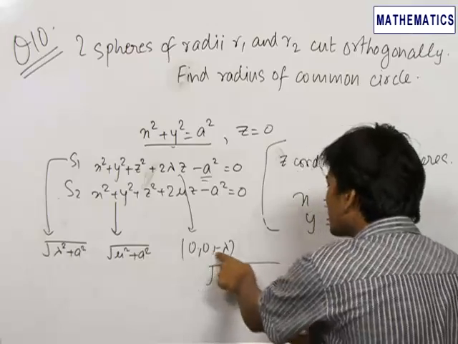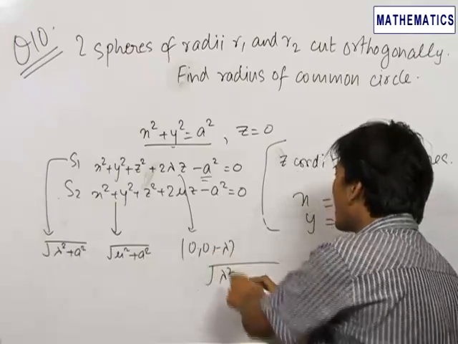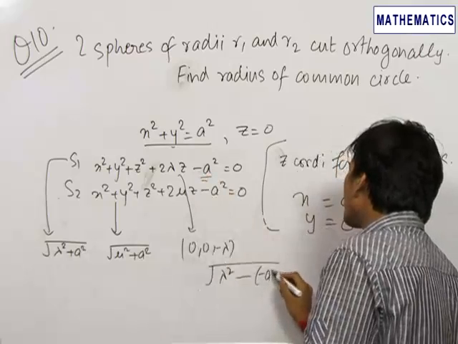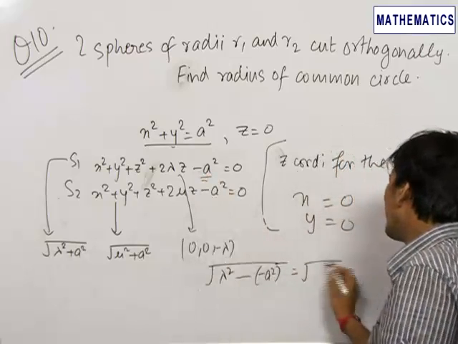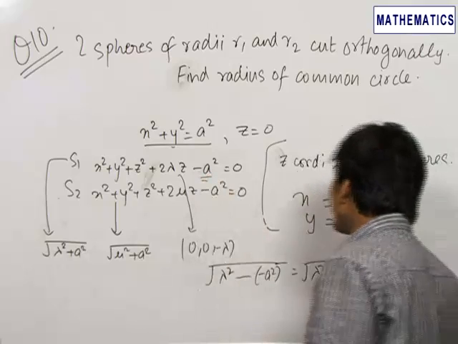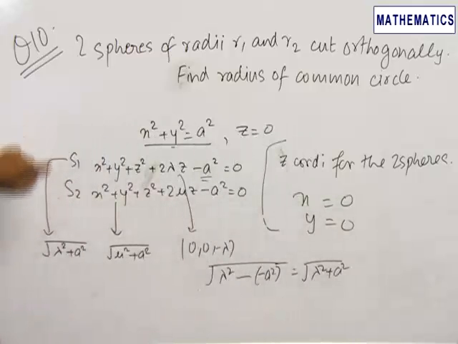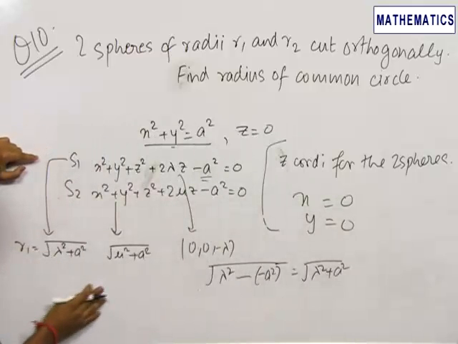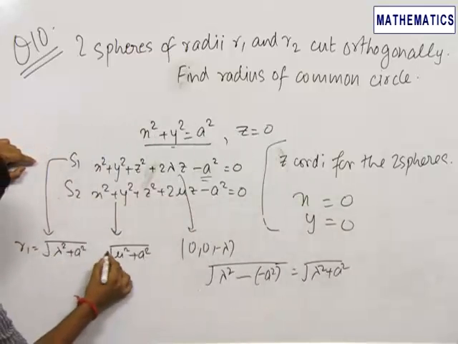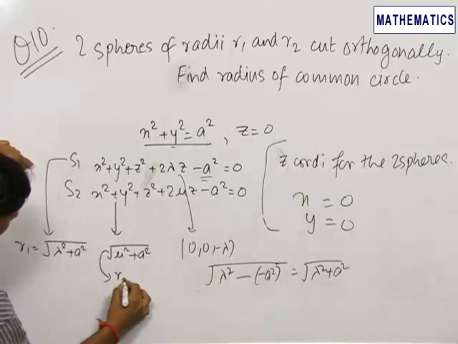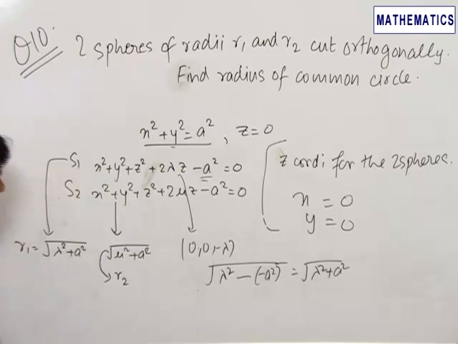So you write 0 square plus minus lambda square minus the constant term, that is root over lambda square plus a square. Therefore the radius of this circle r1 is equal to root over lambda square plus a square, and the radius of the second circle is root over mu square plus a square, and that is equal to r2.